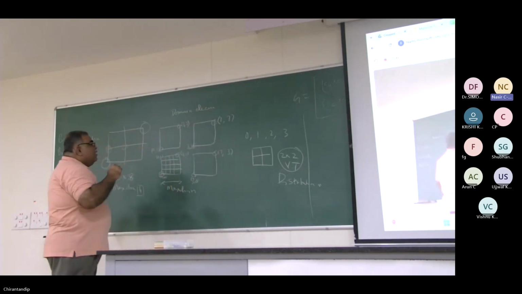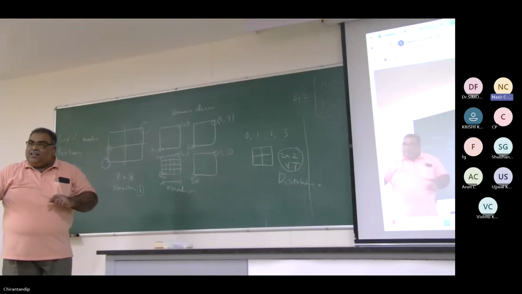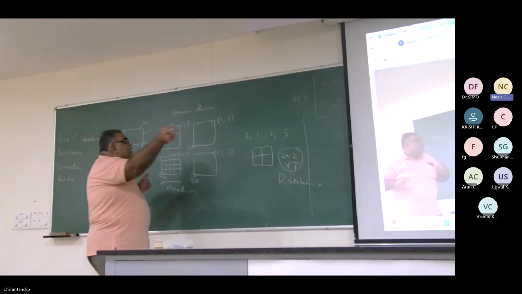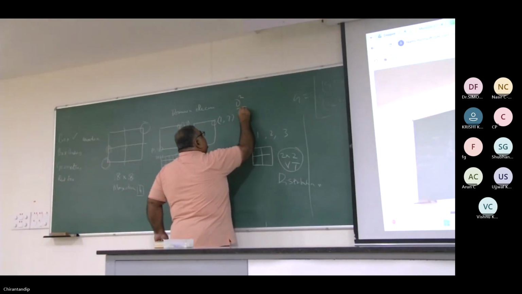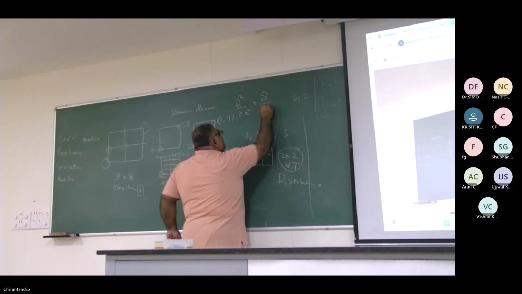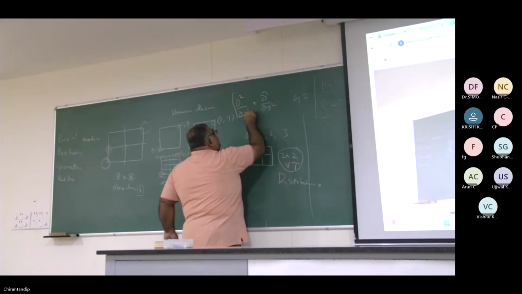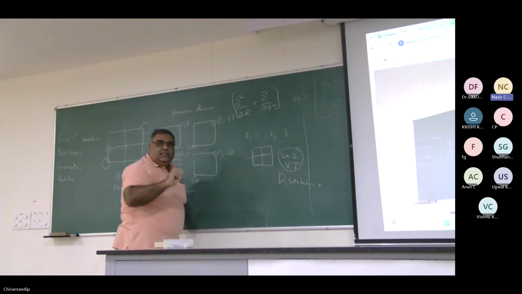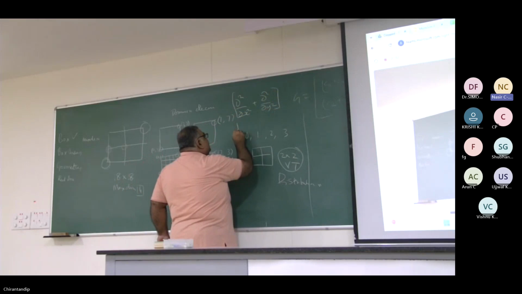And now I'm just going to switch gears and tell you he was trying to do this operator. Correct? What is the discrete form of this? This turns out to be a stencil like this.